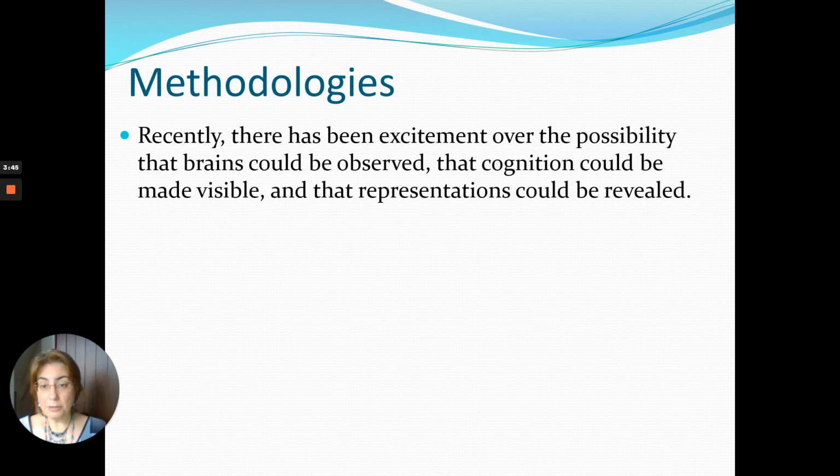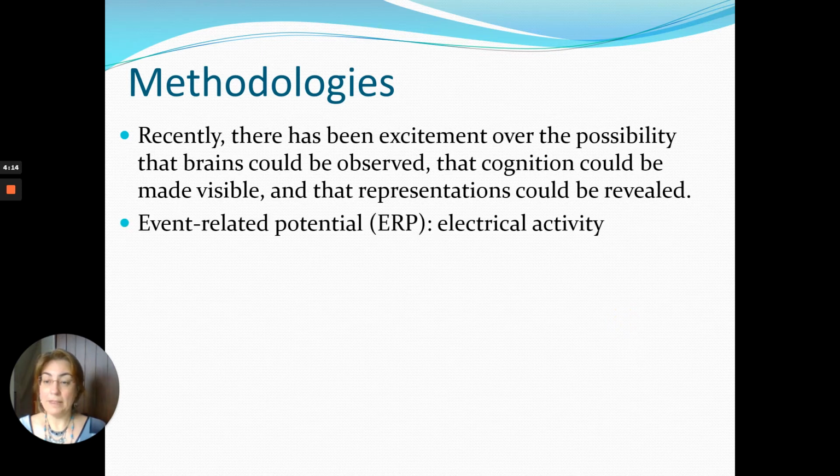But recently there has been a lot of excitement over the possibility that brains could be observed in real time, and that cognition could be made visible by observing the brain, which is where cognition presumably happens, and that representations could be revealed. So that by observing where the action is happening, you could actually deduce where cognition was embodied in the brain.